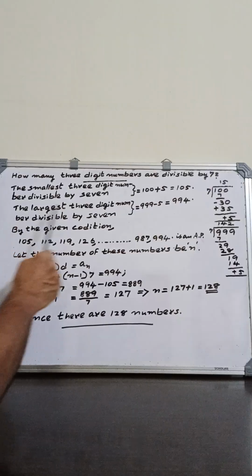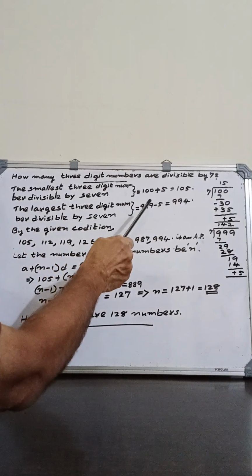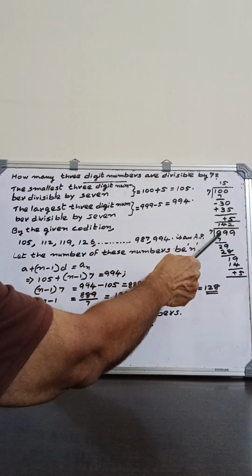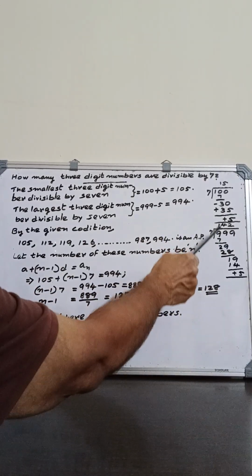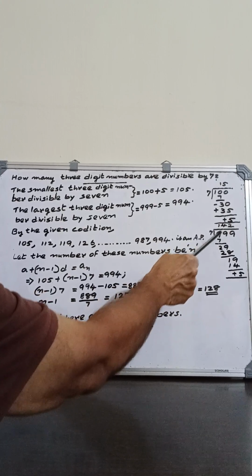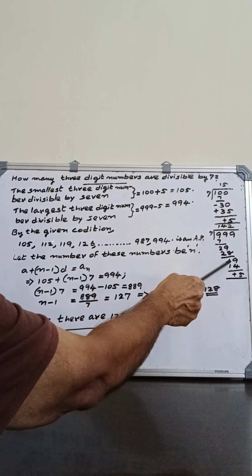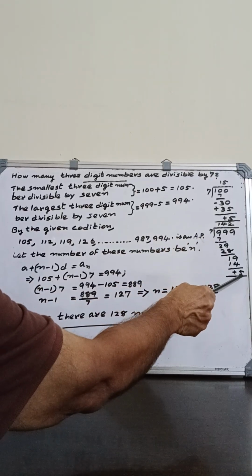Next we can find the largest three-digit number divisible by 7. That is 999 divided by 7. 7 ones are 7, remainder 2, 29; 7 fours are 28, remainder 1, 19; 7 twos are 14, remainder 5.